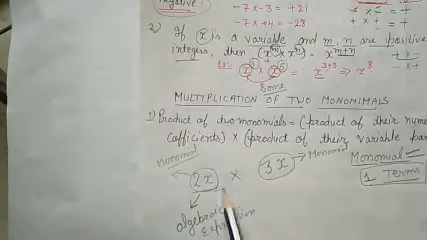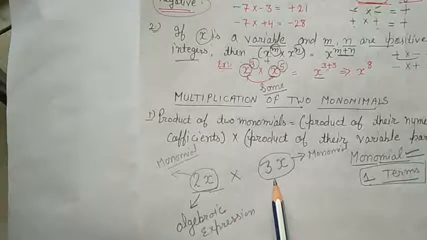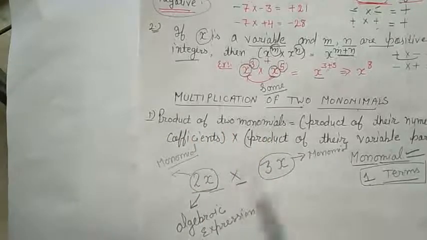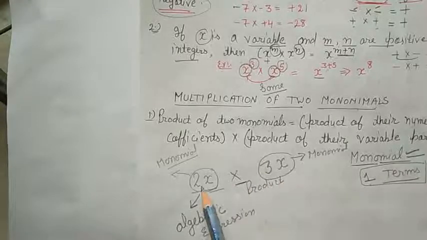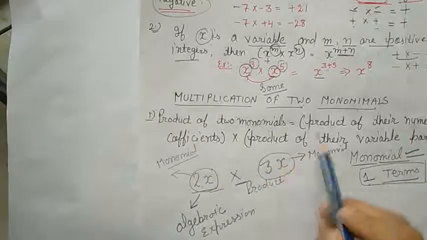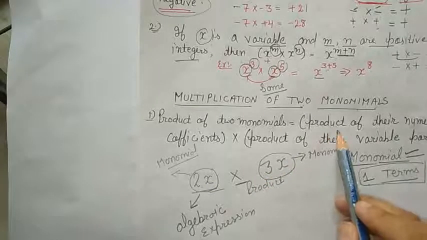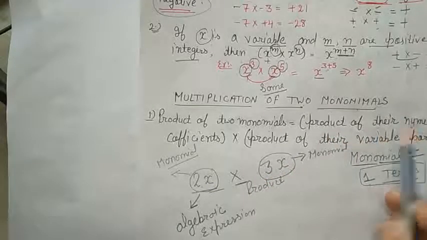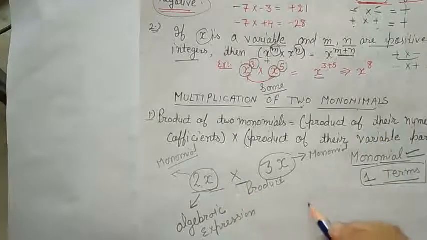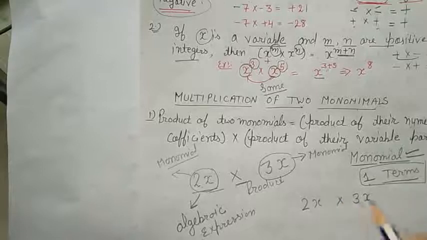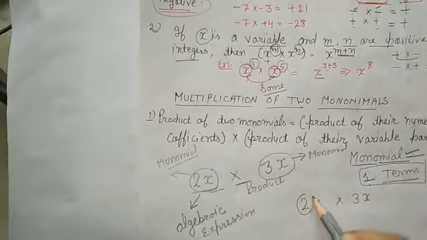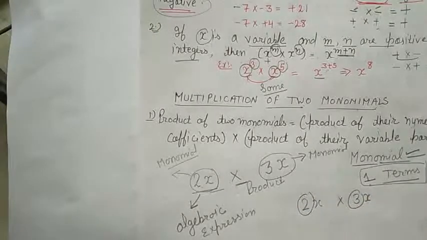Product of two monomials. हमारे पास दो monomial given है और हमें इसकी क्या लेनी है? प्रोडक्ट लेनी है. Product of two monomials is always equal to the product of their numerical coefficients. In 2x and 3x, there are two coefficients, 2 and 3.